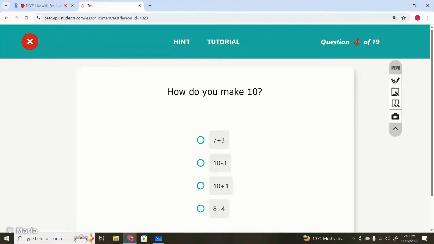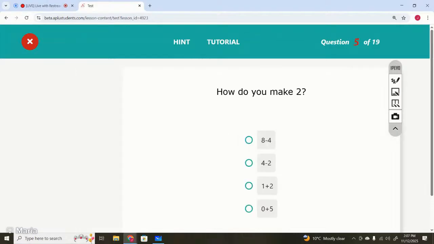How do you make 10? Which is the correct option? 7 plus 3 is 10.